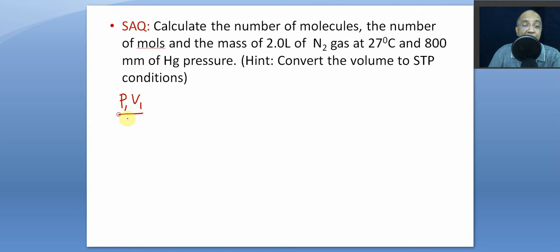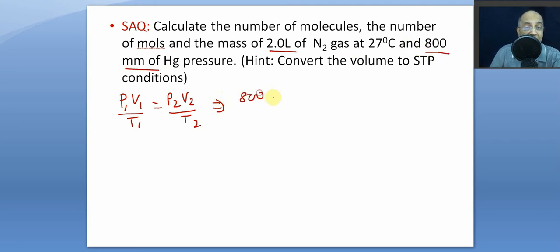P1 V1 by T1 is equal to P2 V2 by T2, the combined gas equation. So 2 liters and pressure is 800, no aqueous tension, so nothing to be subtracted.